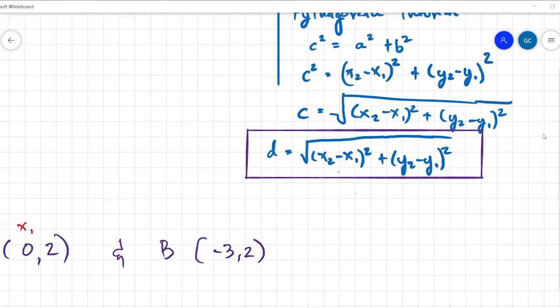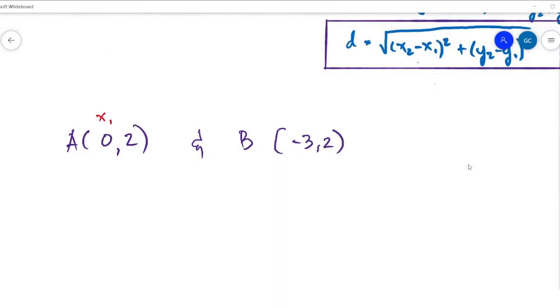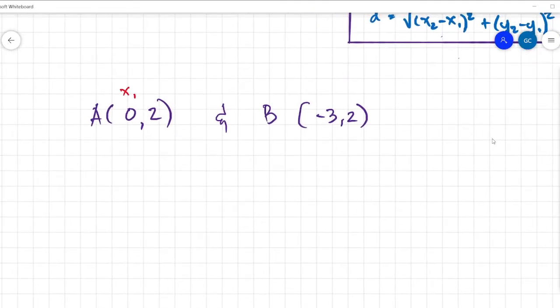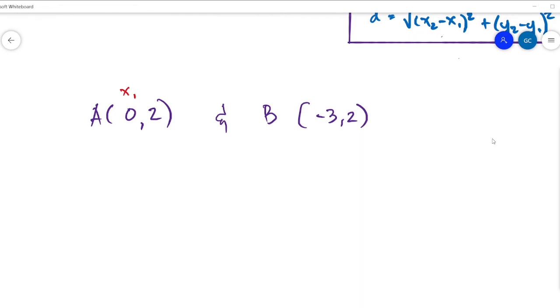In that, let's have some examples. So we have here our points A and B, where point A is located at (0, 2), and point B is located at (negative 3, 2). Let's first determine what we are dealing with here. First, let's identify the parts of our problem.